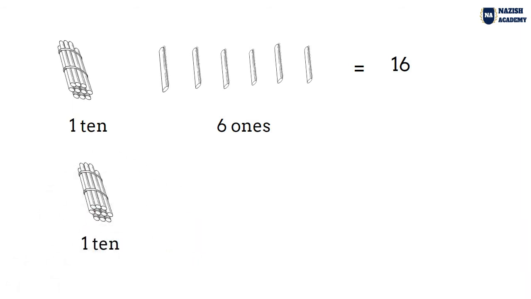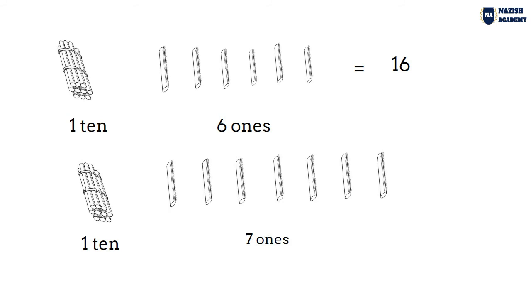Ten and 1, 2, 3, 4, 5, 6, 7. 7 ones. Ten plus 7 ones is equal to 17.